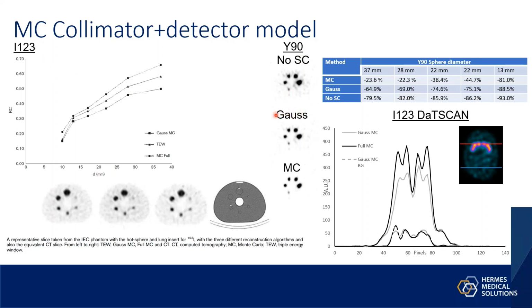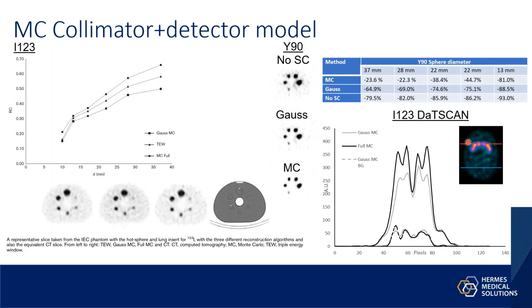With yttrium, if you compare the Gaussian model and the Monte Carlo model, you see that there is much less background activity. In this case, there was activity only in the spheres, and the background was cold. But because you cannot model the point spread functions accurately with the Gaussian model, you will get erroneous activity in the background, which is completely missing in the Monte Carlo reconstructed image.